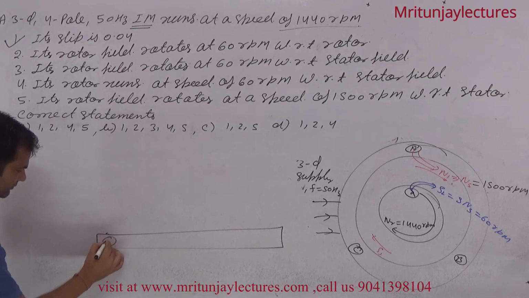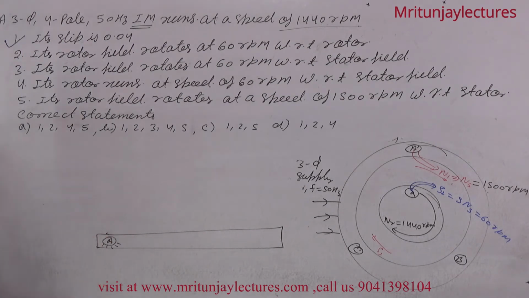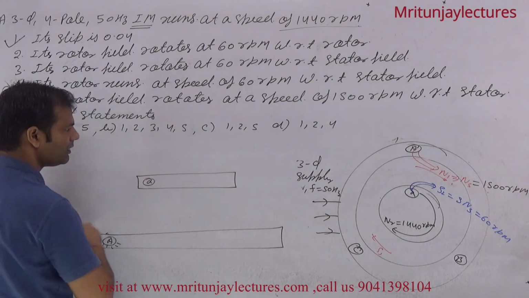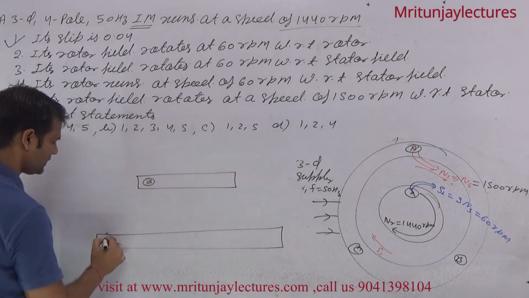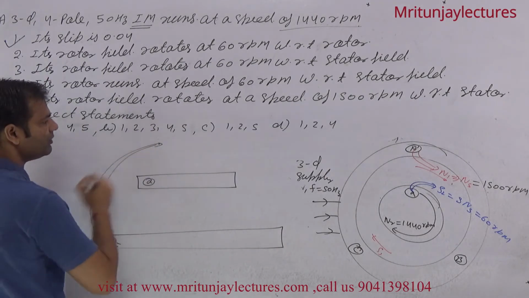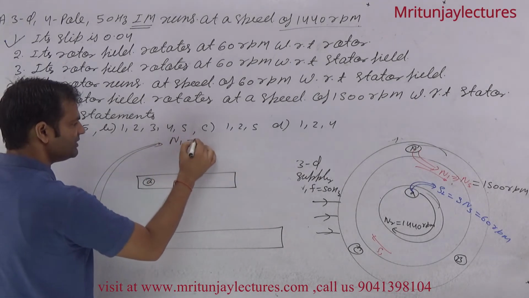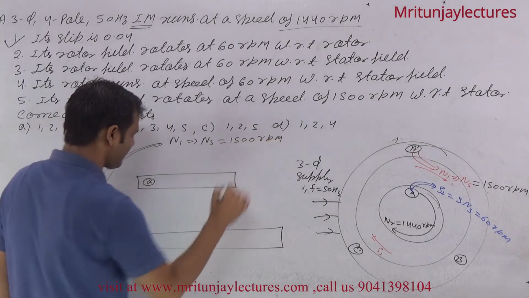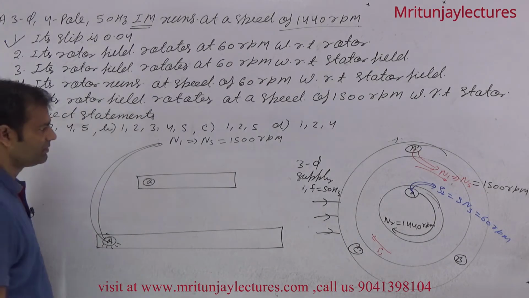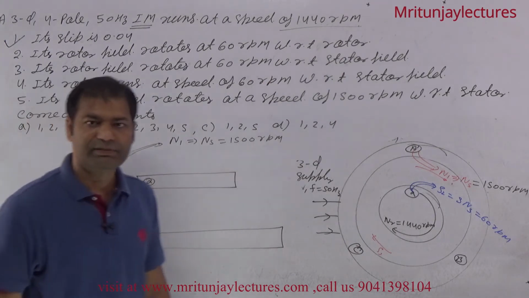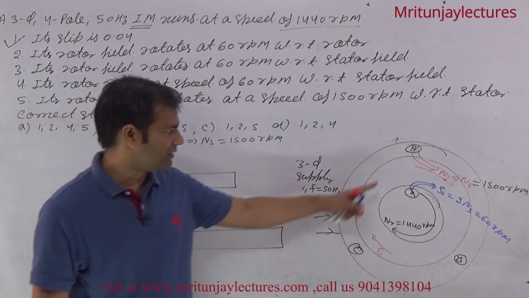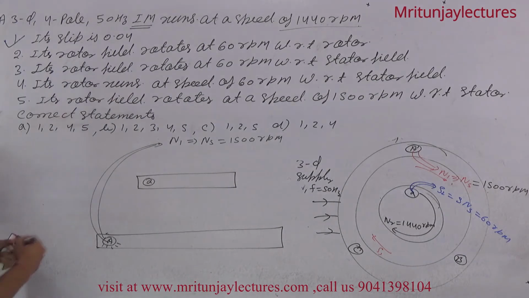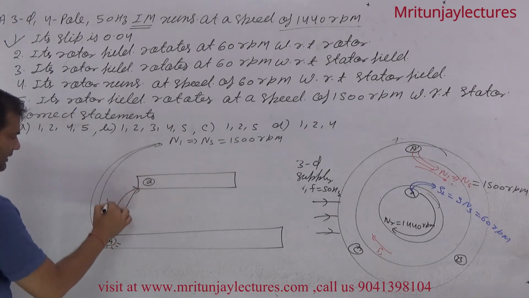That is the stator, that is A, sit on the stator, and that is the rotor. This is the stator field with respect to the stator winding, that is Ns, 1500 rpm. Clear? Any doubt? N1, the stator field with respect to the stator winding, rotates at 1500 rpm. And this one also rotates, NR.